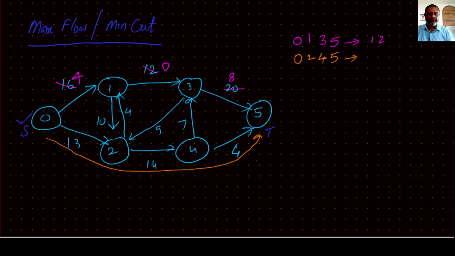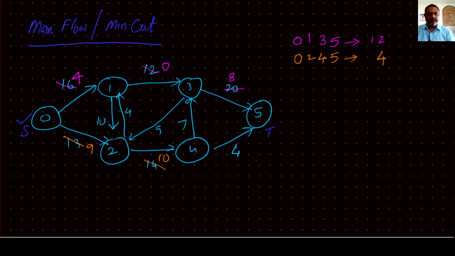In this you can see that 4 is the minimum, because this whole path is under control of the 4 to 5 link, which allows a maximum of 4 packets per second, therefore 2 to 4 also should allow a maximum of 4, and 0 to 2 also a maximum of 4. That means out of 14, 4 have gone, so 10 more are remaining for some other usage.